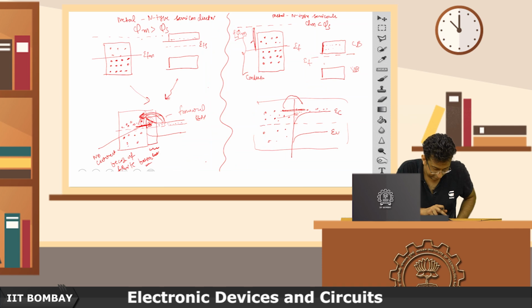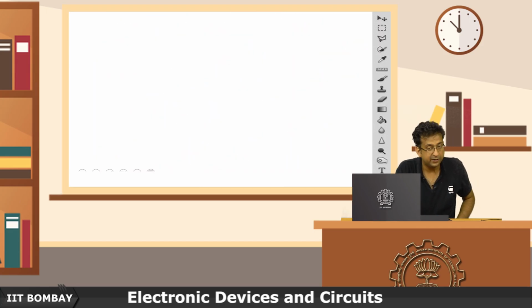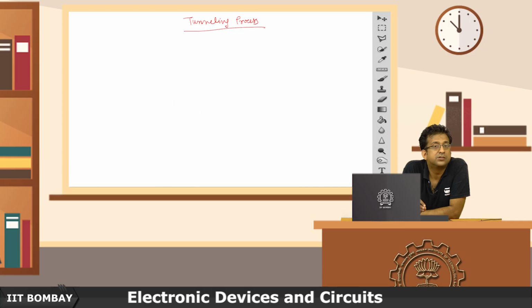Okay, you can reduce the thickness of this barrier, right? But still the barrier remains. So now something which we are gifted with is the tunneling process, okay? So what happens in tunneling? It's a quantum mechanics phenomenon. There is no classical analog of this. So it's a quantum phenomenon.